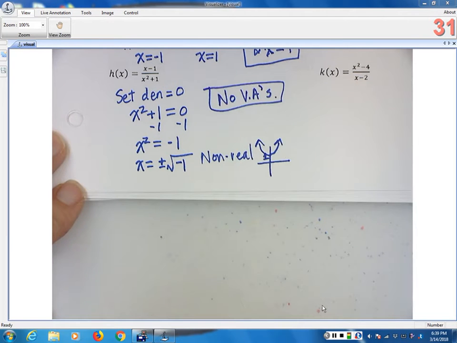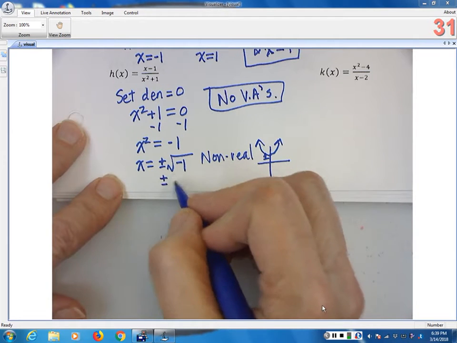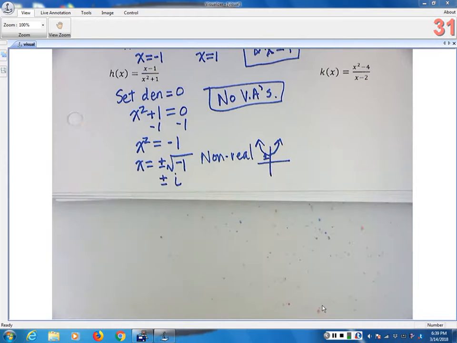That's the answer. If it doesn't factor, and if you get an imaginary number, this would be plus or minus i. It's not real. It doesn't cross the x-axis. The denominator can never be 0, so there are no VAs.